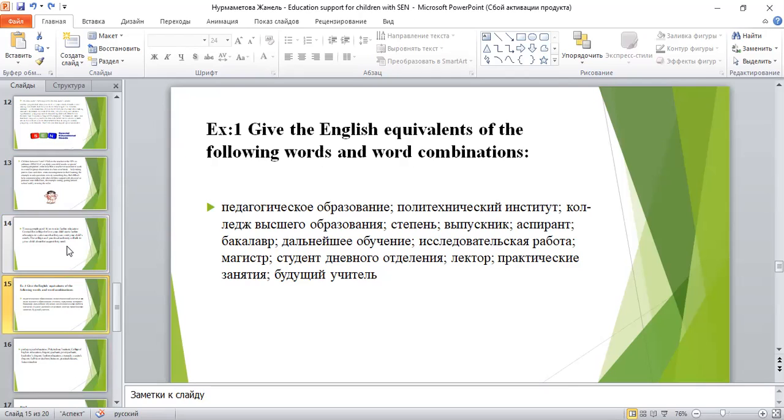Okay, what do you think? What connects these words and word combinations with our today's title? Even our students are special educational needs students.